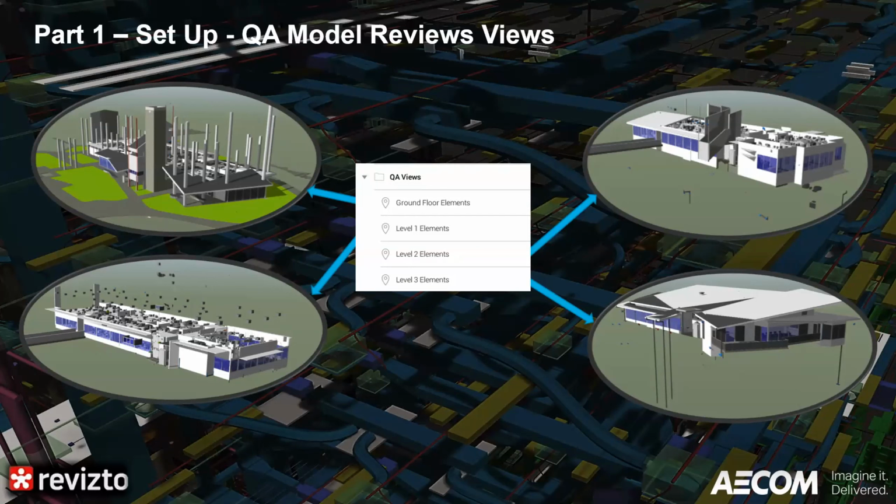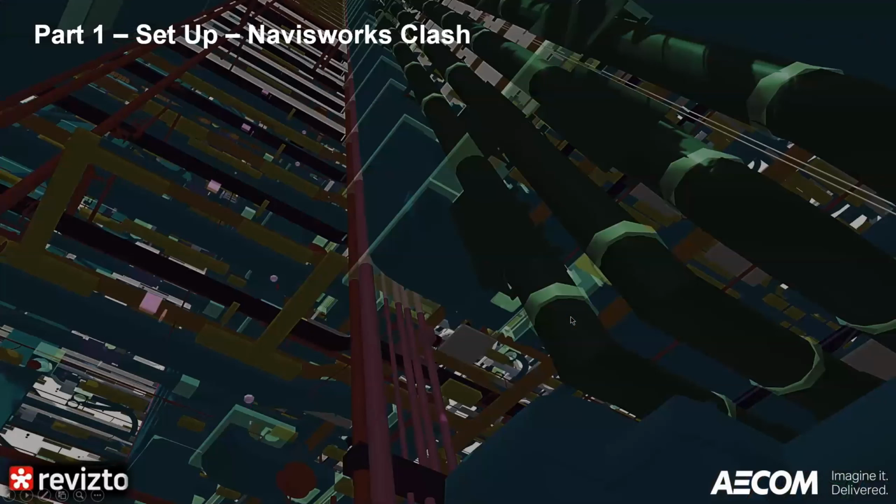So they're, again, really quick views to set up, and you can click on them just to check the model, QA and review. So with Navis Clash, we have started to sync with Revizto.